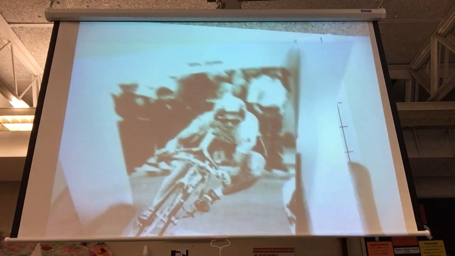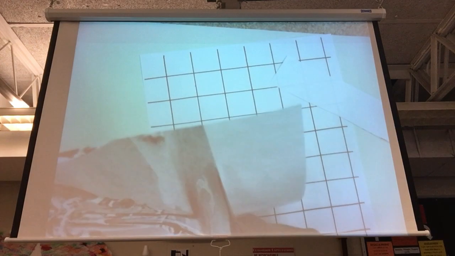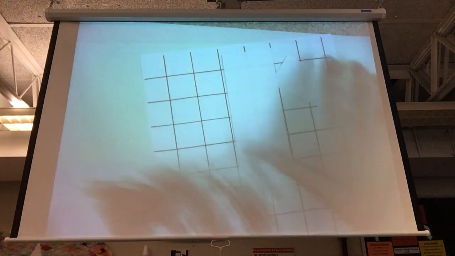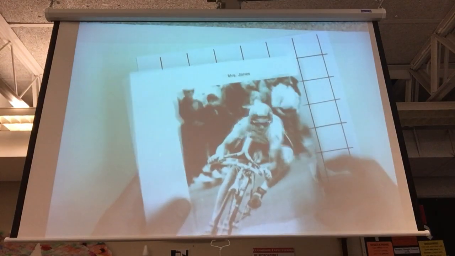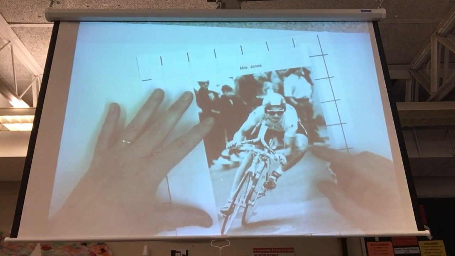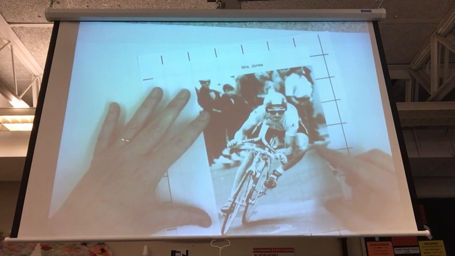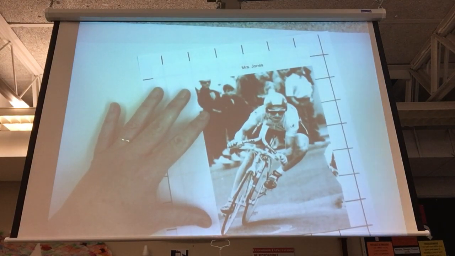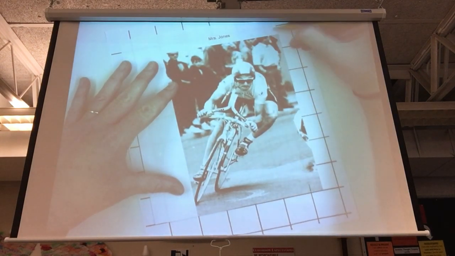So if I just cut down 2 sides of the image, I can then figure out how to get this to fit on the graph. So I would probably cut off along here.